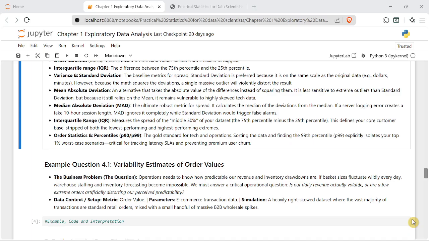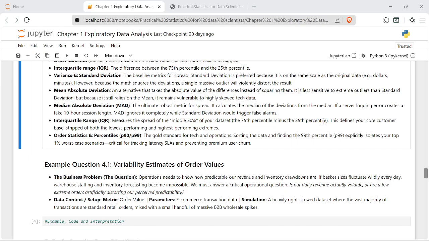You need to know exactly how much inventory is going to leave the warehouse and how many staff members you need to pack those boxes. But if your daily basket sizes fluctuate widely, forecasting becomes completely impossible.